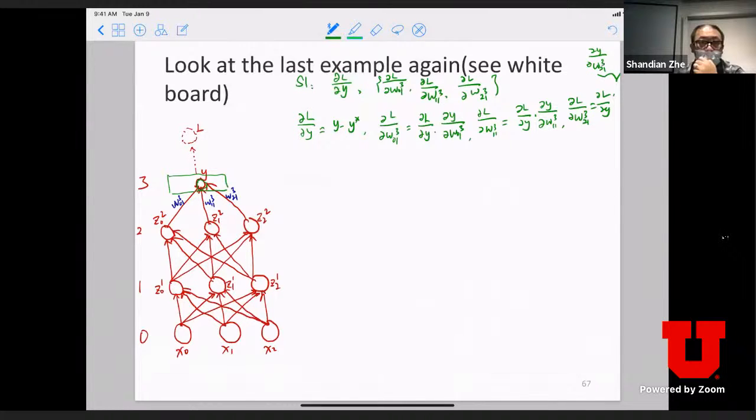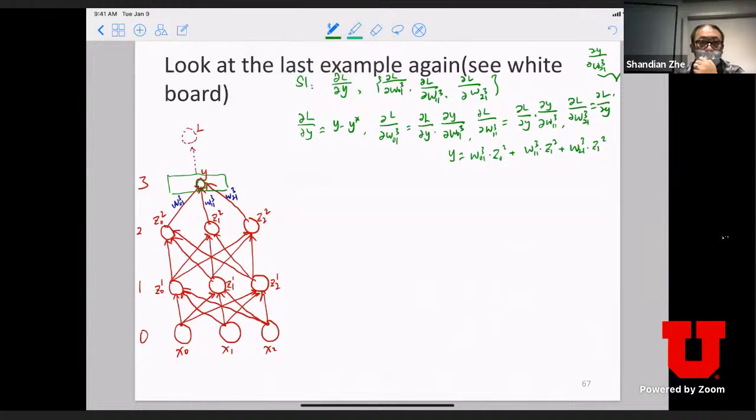And this is pretty easy because Y is a linear combination, so we know that it's W013 times Z02 plus W113 times Z12 plus W213 times Z22.